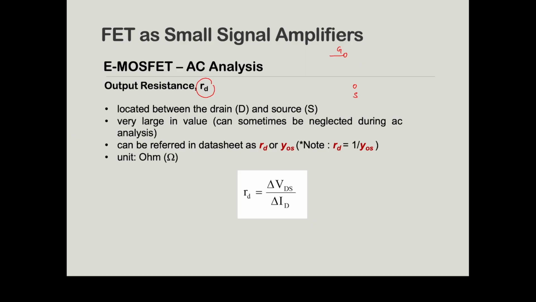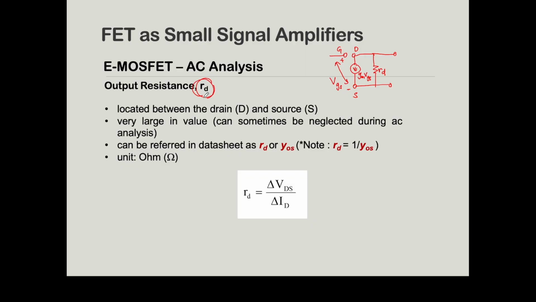This is your source, this is your transconductance, and this is your drain, this is your internal resistance that is called rd. Between G and S, gate and source, we have VGS, positive and negative, and this is gm VGS.